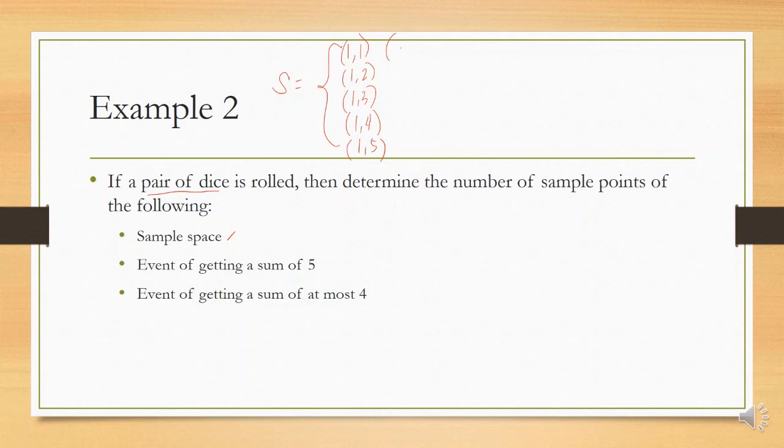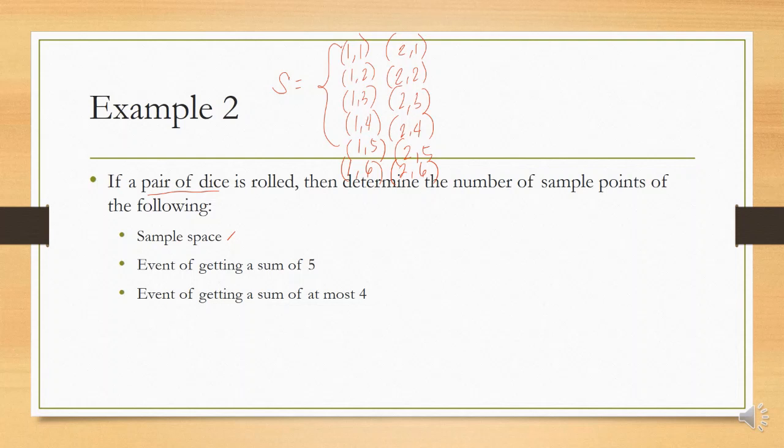And then for the next column, one die could be 2 and the other 1. This could also mean 2,2, 2,3, 2,4, 2,5, and I forgot 1,6, okay? And then 2,6, and so on until the end.